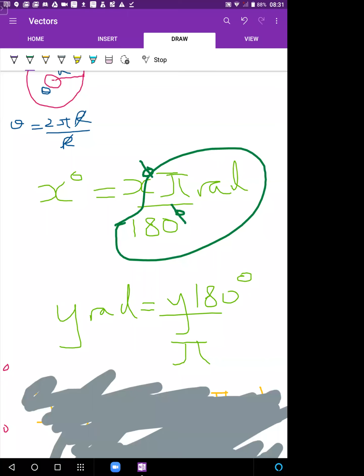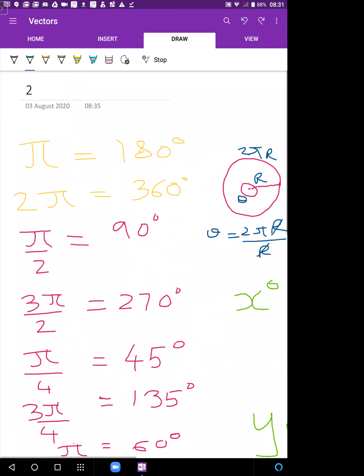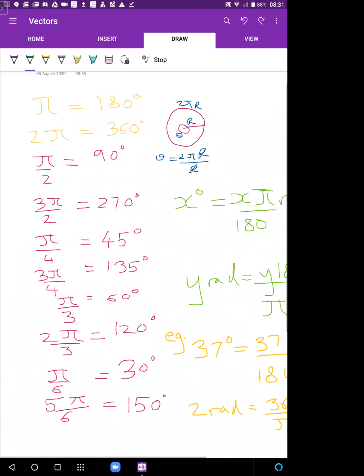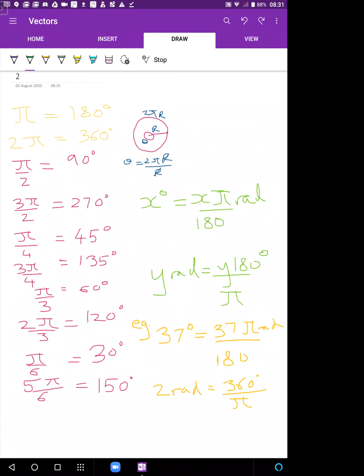Degrees cancels out. And what is left? Radians is left as my unit. So x degrees becomes x pi by 180 radians. Okay, I'm just showing you the logic for unit conversion. This is how you can approach any unit conversion.